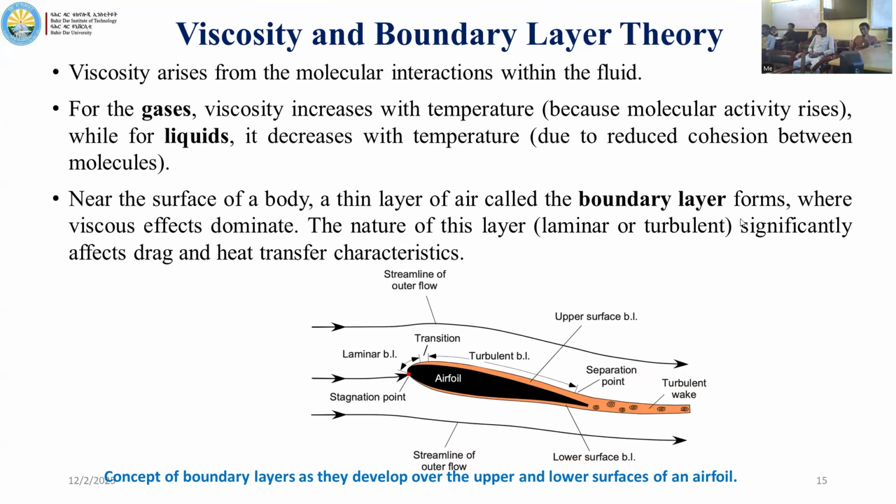It is a very thin region in which the fluid interacts with the aerofoil. On that you can find a point known as the zero velocity point, called the stagnation point. A stagnation point, okay, and the transition point.